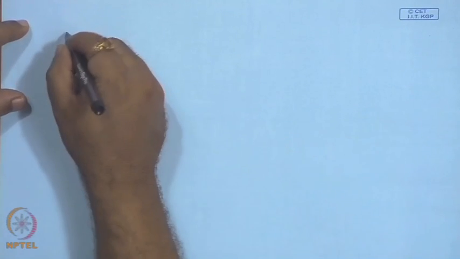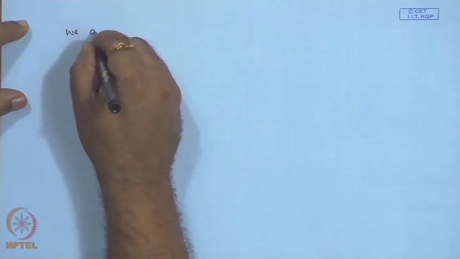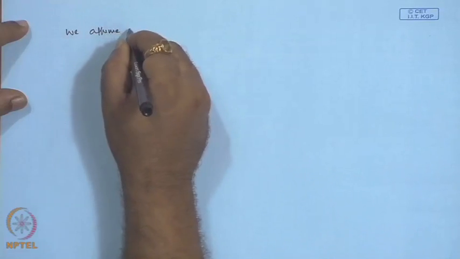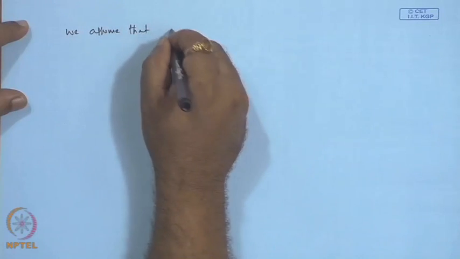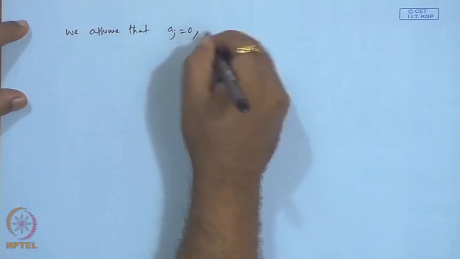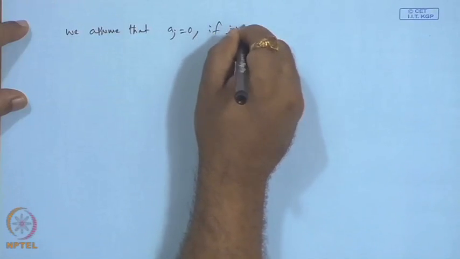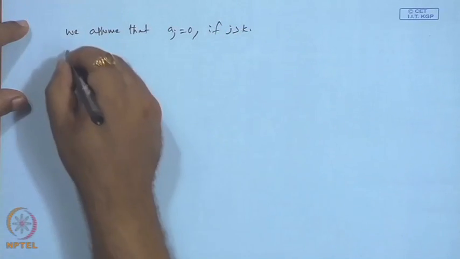And we assume that Aj is 0 if j is greater than k.